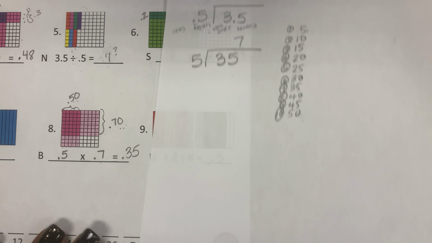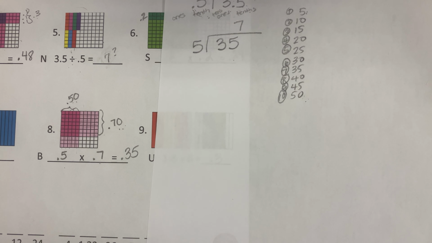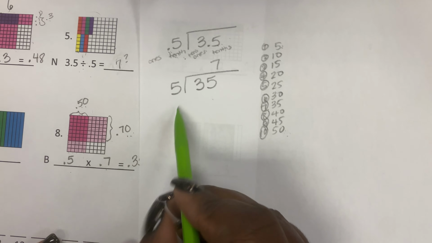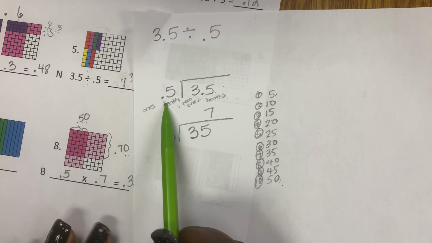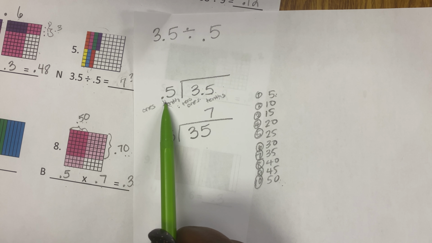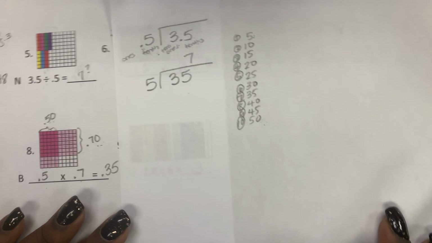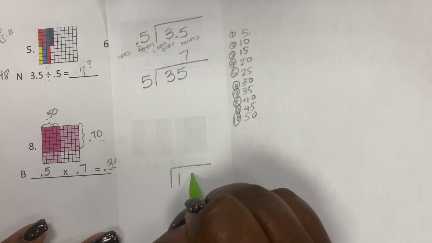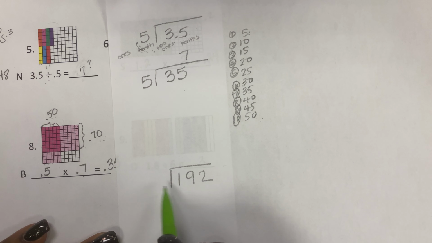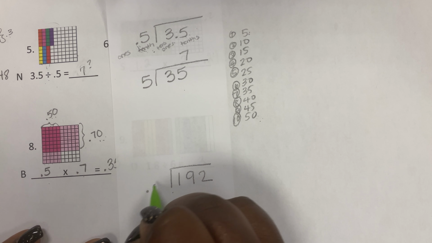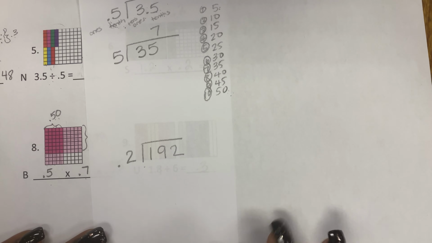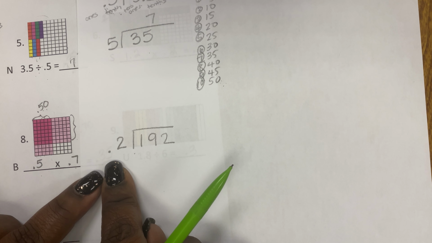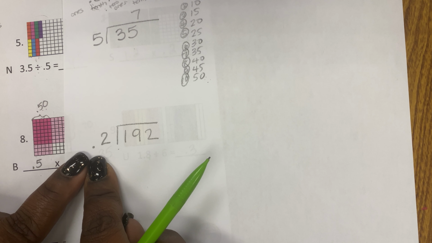So to review, if you ever have a division problem where the divisor is not a whole number, multiply until it becomes a whole number. What do I mean? For example, if you have 192 being divided by 2/10, you stop and look at that divisor. Is it a whole number? It's not.